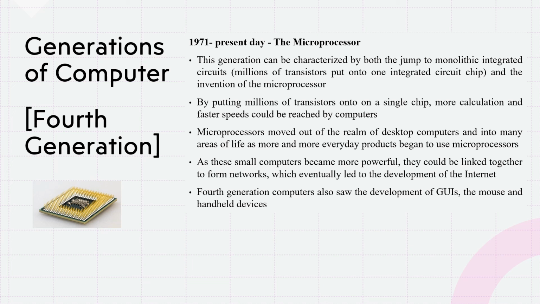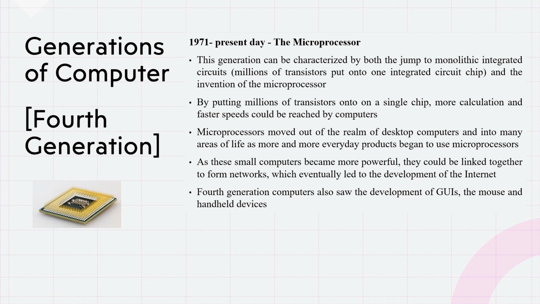As these small computers became more powerful, they could be linked together to form networks, which eventually led to the development of the internet. Fourth generation computers also saw the development of GUIs, graphical user interfaces, the mouse and handheld devices.